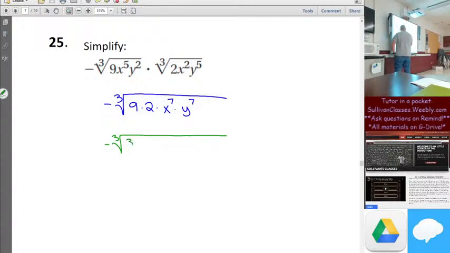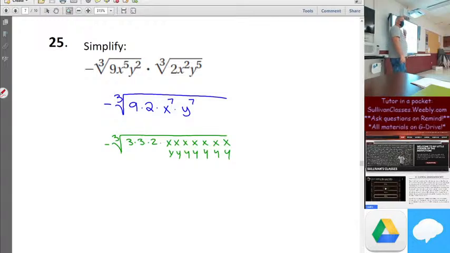Say 3 by 3 by 2 by 1, 2, 3, 4, 5, 6, 7 x's, 1, 2, 3, 4, 5, 6, 7 y's. Who gets out of radical jail? Pairs of 3? Whatever you call a pair of three. A trio? Yes. Pairs of 3.